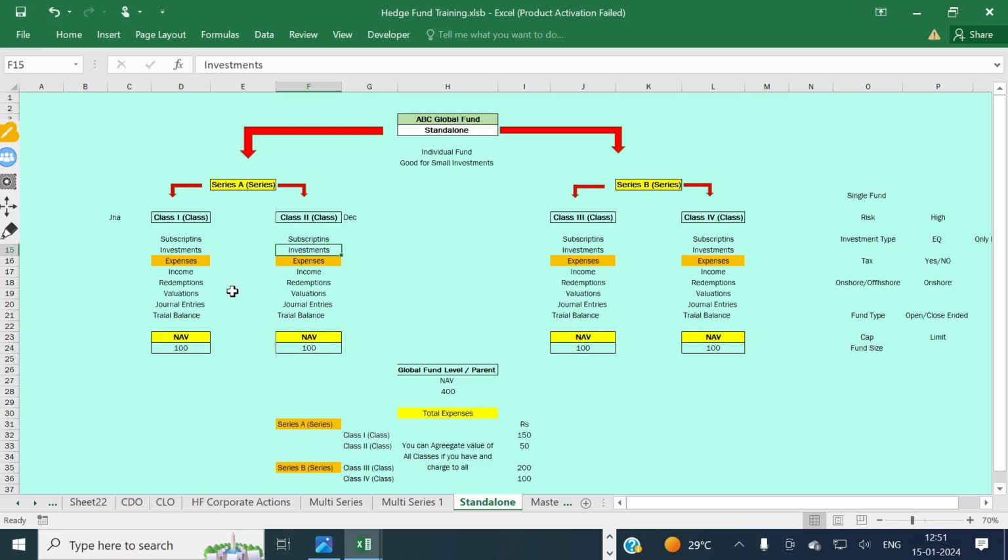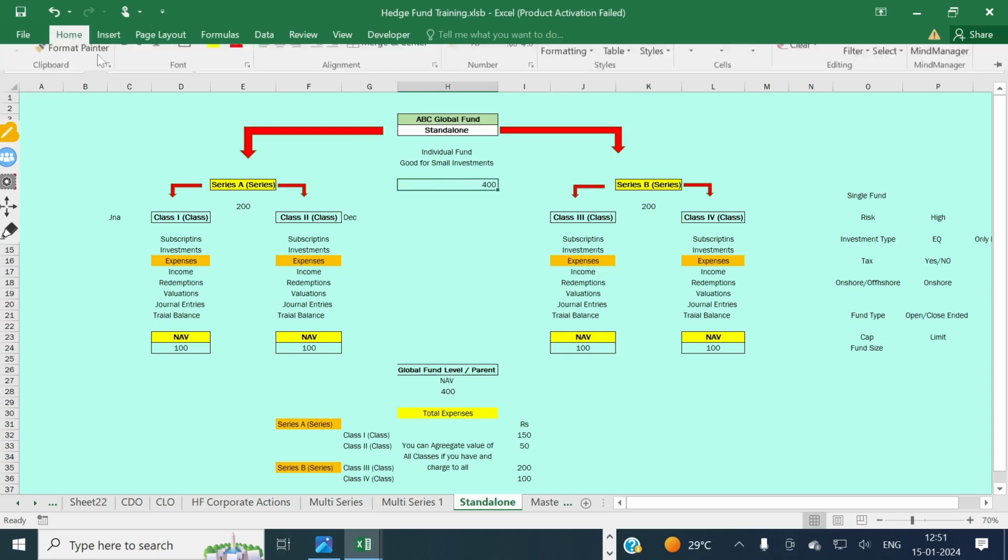But here again, the important thing is that if you create any class, we'll calculate NAV, we'll allocate expenses, and we'll allocate each and every capital, subscription and all activities to each class. Your class total would be your series total, and your series total would be your fund total, which is 400.